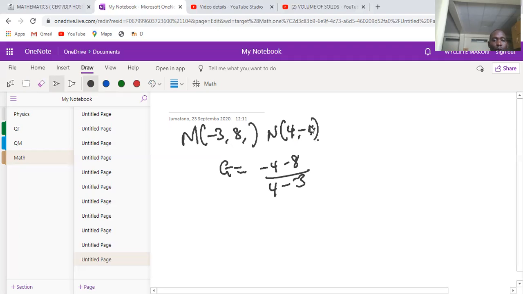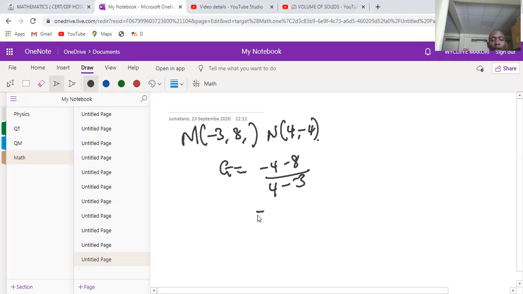Don't do change in y, which is -4 minus 8, but when you do change in x, you do -3 minus 4. It is going to be wrong. If you start with change in y, which is y2 minus y1, then change in x should also be x2 minus x1 in that particular order.